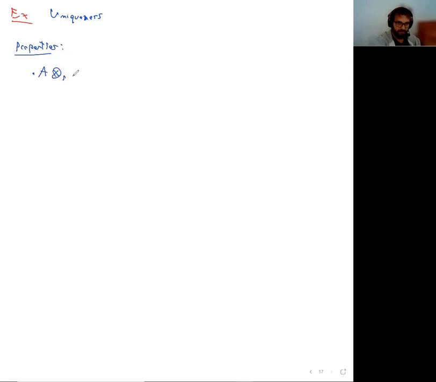If you take the tensor product with the ring itself, you get A. The map here is simple, just A times R goes into RA. A tensor B is the same as B tensor A. You also have associativity, so A tensor B tensor C is the same regardless of bracketing.